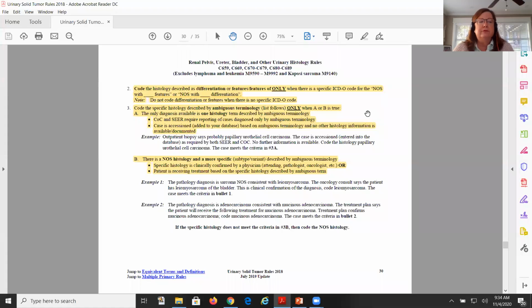However, if your path report's final diagnosis is carcinoma suspicious for squamous cell carcinoma, you're only going to code the carcinoma NOS 8010.